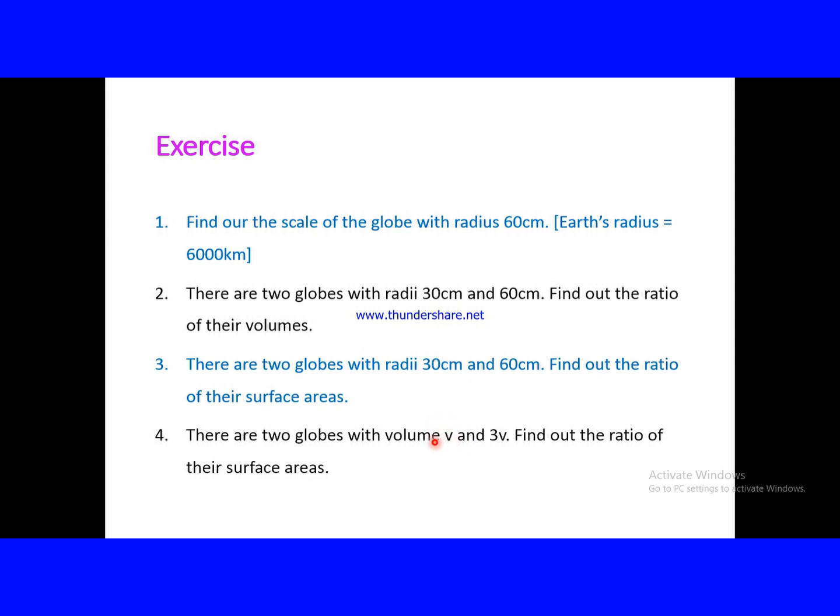First, we'll find out the radius of this globe, and then using that radius, we'll find out the surface area of the first globe. Same way, we'll find out the surface area of this second globe, and finally, we'll find out the ratio of surface area of these two globes.